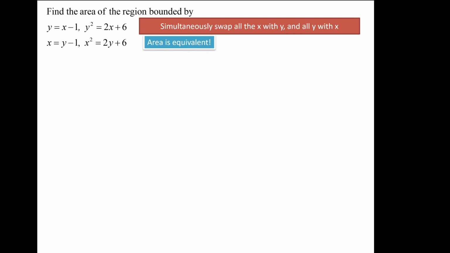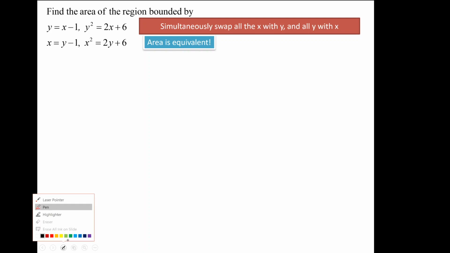Nothing will change because the letters are arbitrary. It helps with our own problem-solving process because we're used to writing y in terms of x. That's just what our habit is. So this is a step that's done to take advantage of the habits that we've already constructed for solving problems.